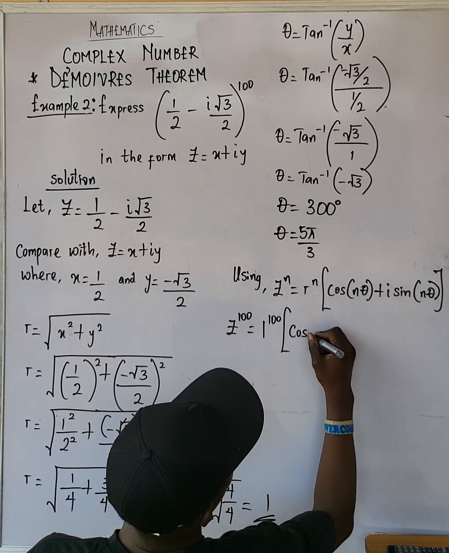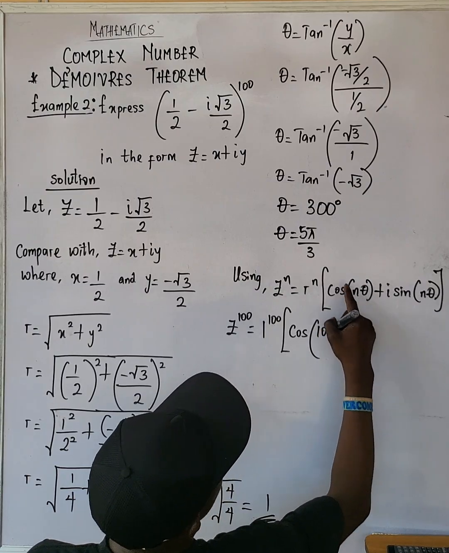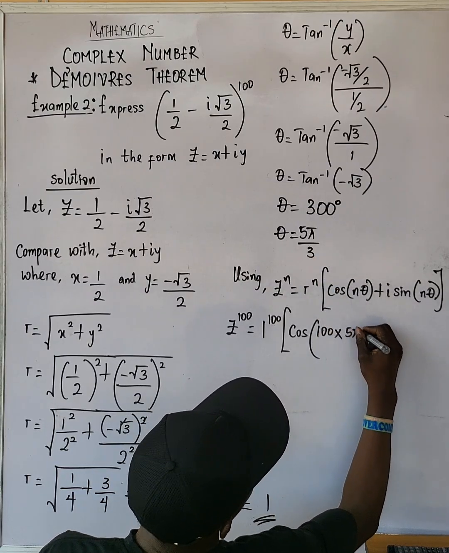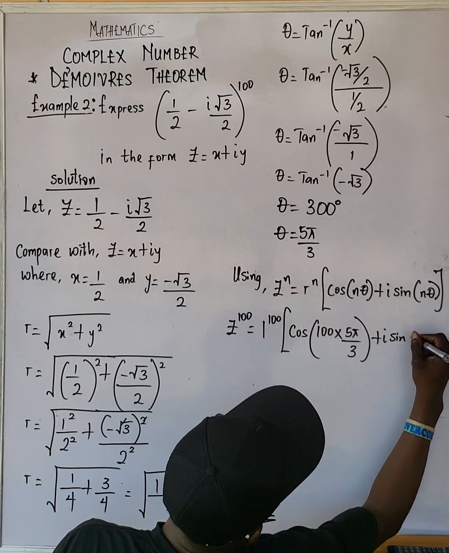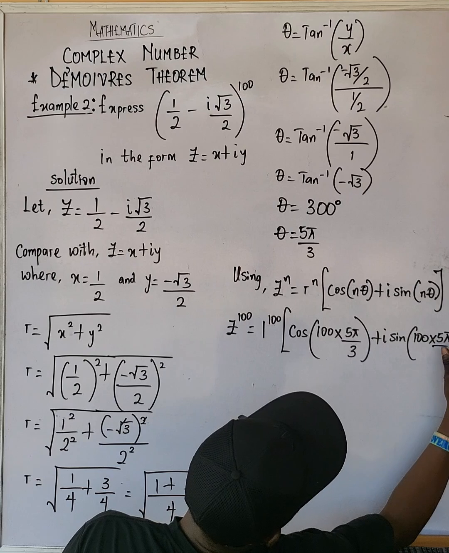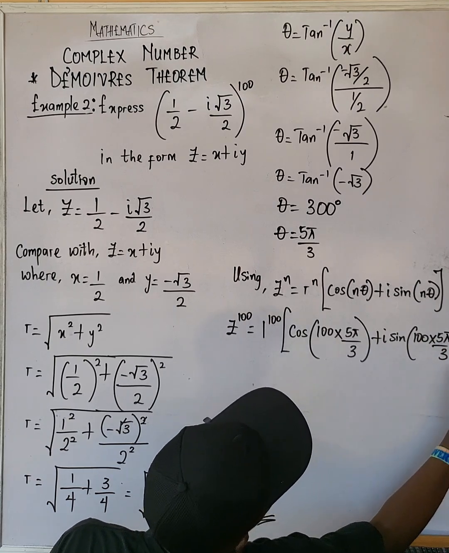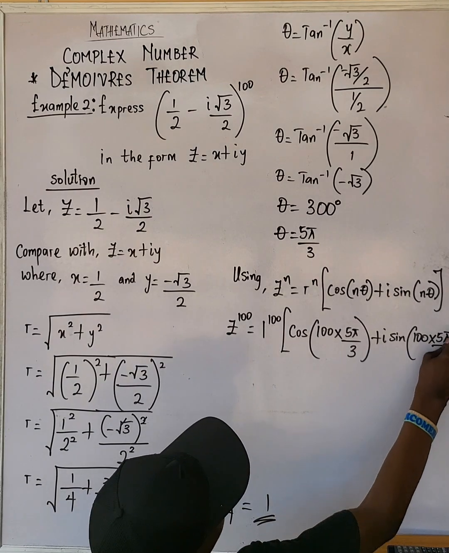Then cos. So here, our n is 100 multiplied by, what's our theta? That's 5 pi over 3. Then plus i sine 100 multiplied by 5 pi over 3, right? I'm not sure you'll be able to see it. Sorry about that.